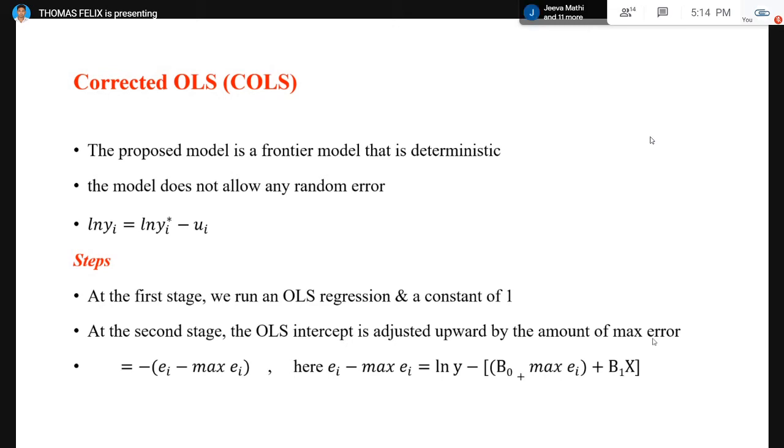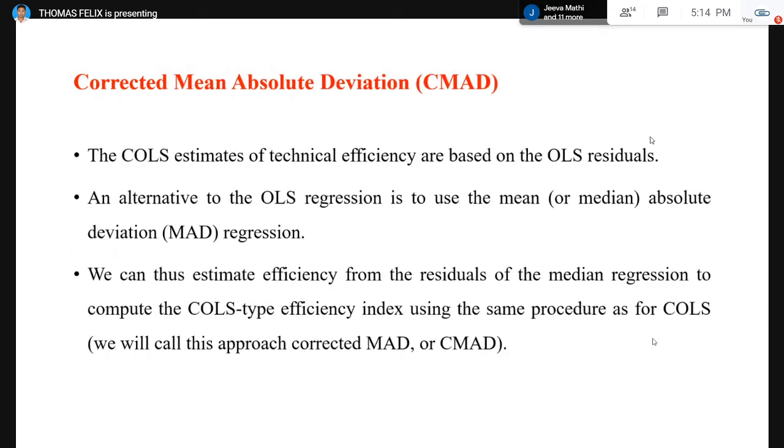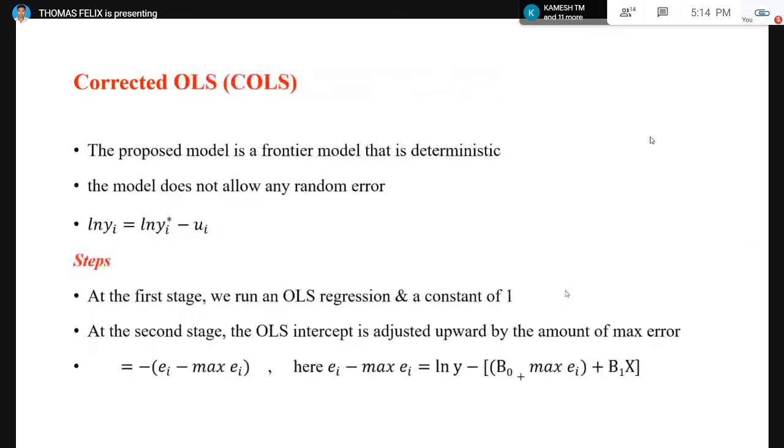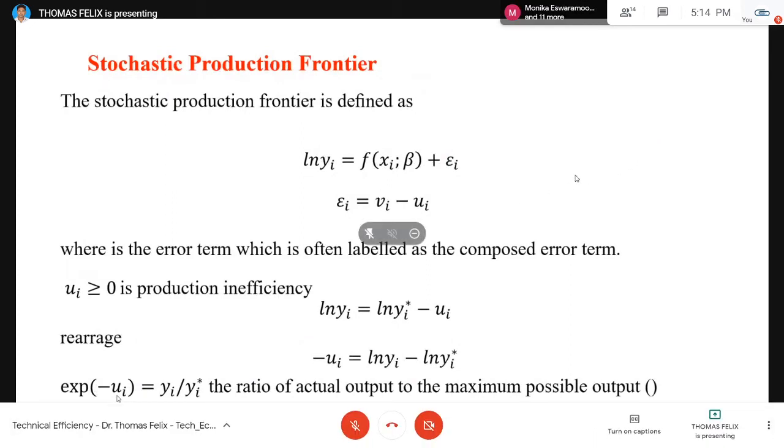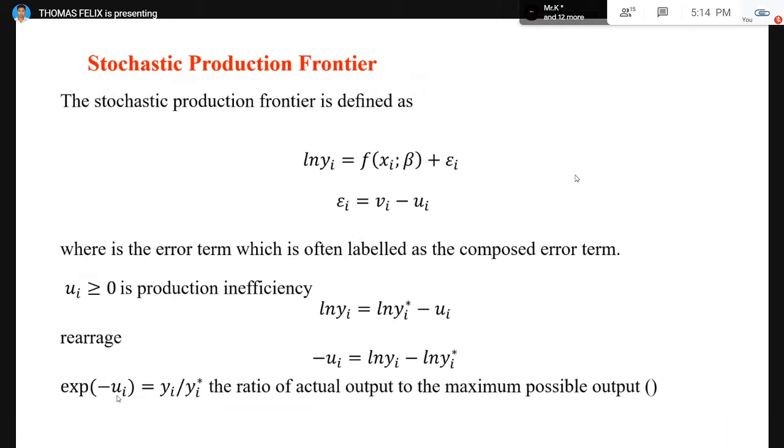The formula for technical efficiency is the exponential of minus ui. For the production function approach, for calculating technical efficiency, we use the formula exponential of minus ui.